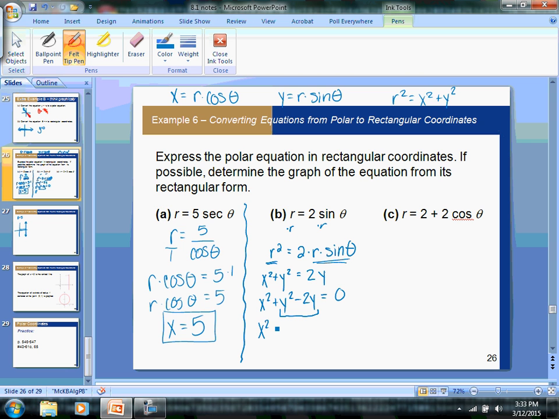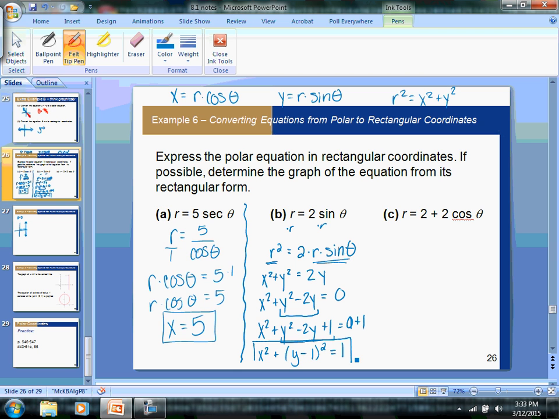So I'm going to add that in to both sides then. 0 plus 1 is 1. So now these three terms here are going to be factorable. So I'll leave the x squared, but I'll write this as y minus 1 squared. Now that hopefully looks familiar. Okay, that's going to be our final answer.